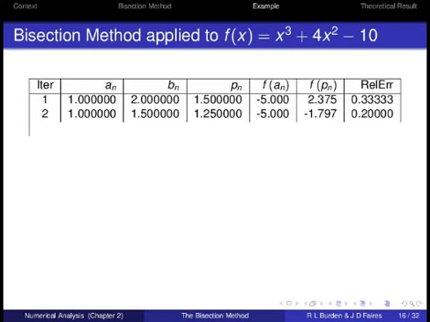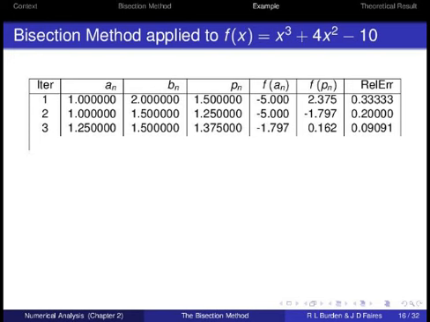The relative error is calculated step by step. If you don't have time, don't use the stopping criteria, just get the root of the equation. If it is asked, then you have to state the relative error test, the stopping criteria of the bisection method.